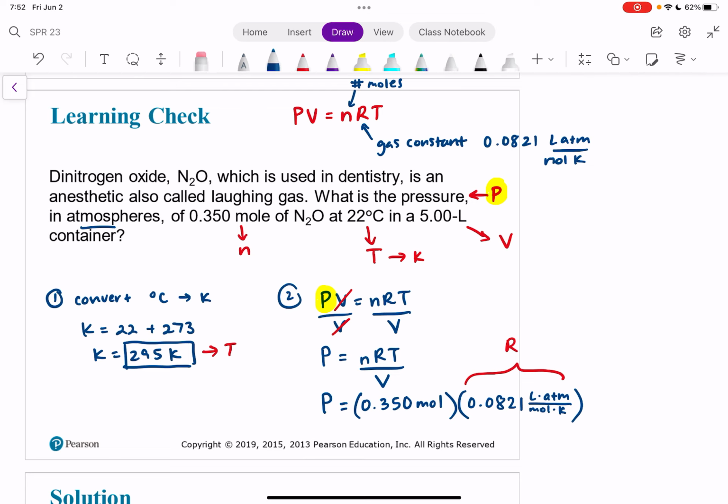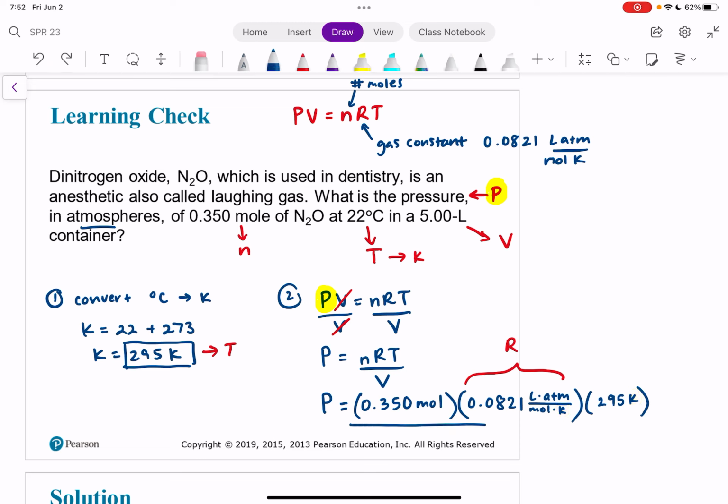Okay, now we've got T, which we just solved for in Kelvin, is 295 Kelvin. Okay, already we can see why those units were so important, why it was so important that I converted, right? Because in order for our Kelvin to cancel out in our R constant, we need to have our temperature in Kelvin. All right, I'll get off my high horse.